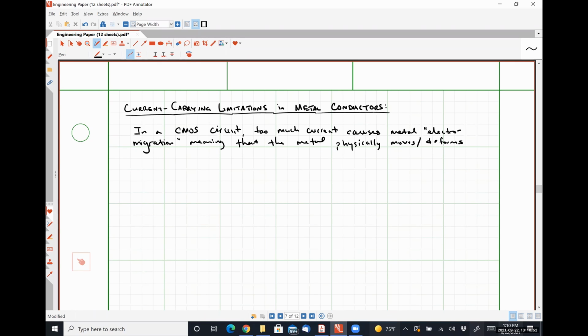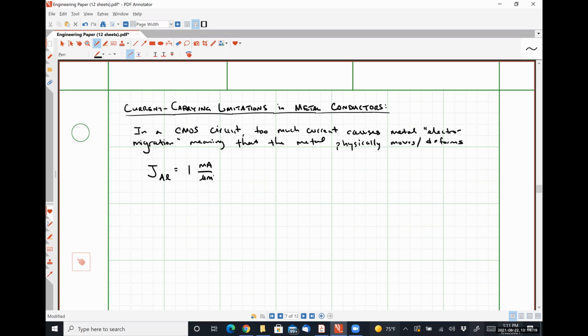Metals used in a CMOS process have a metal migration threshold current density. We're going to call this J_AL for aluminum, which is 1 milliamp per micron.